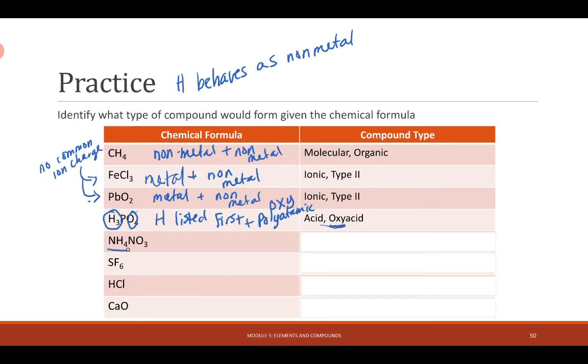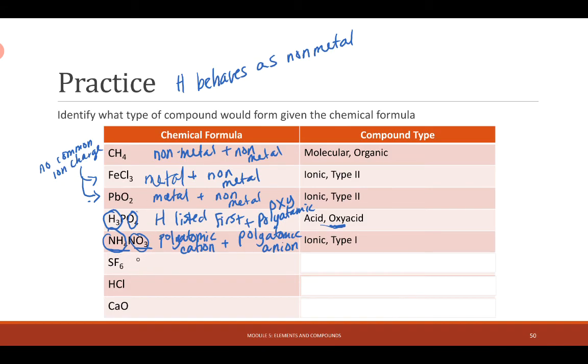Now we have NH4NO3. NO3 is nitrate, and that's ammonium, so it's ammonium nitrate. That's a polyatomic cation plus polyatomic anion. So it is ionic. The cation does have a predictable charge, and so it's a type 1 ionic compound.